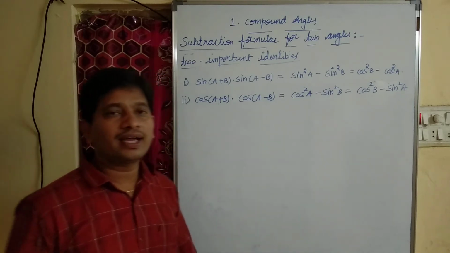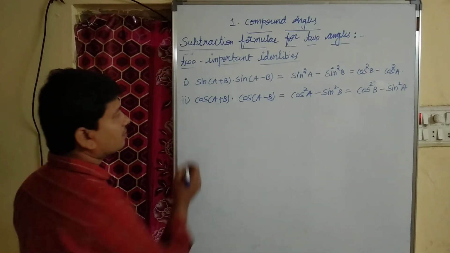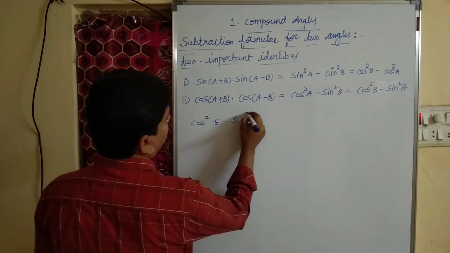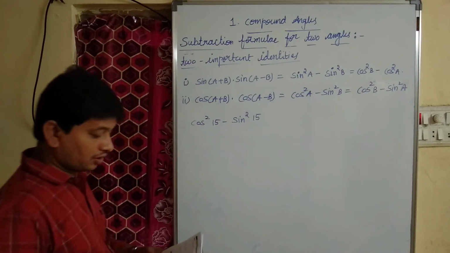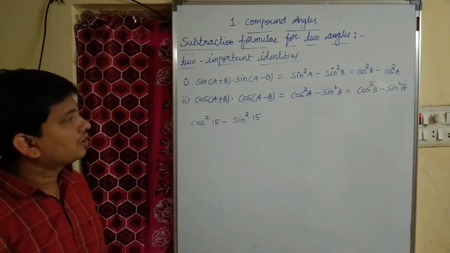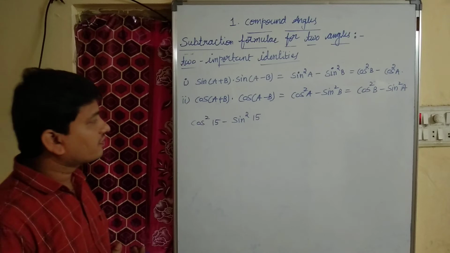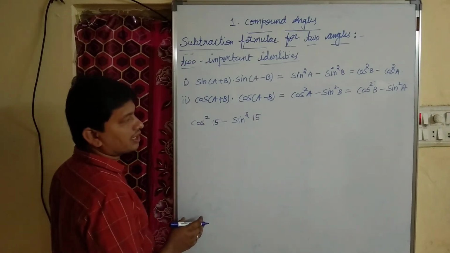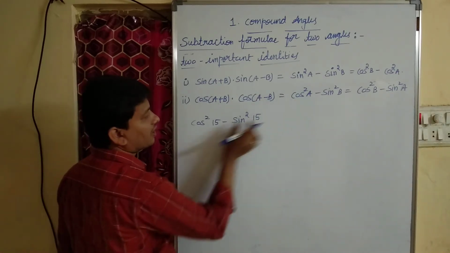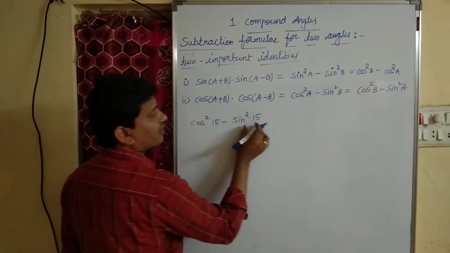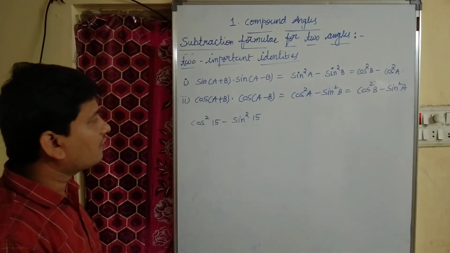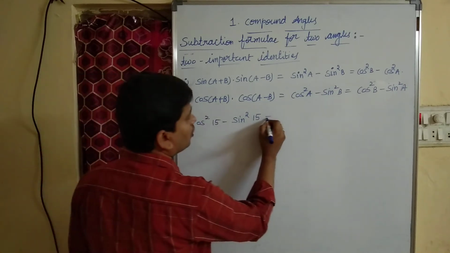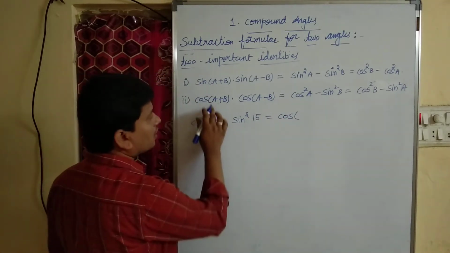Now let us find the value of cos square 15 minus sin square 15. See, cos square a, cos square 15 minus sin square 15. If you observe this, it is in the form of cos square a minus sin square b. So what is the formula of cos square a minus sin square b? It is nothing but cos (a plus b) into cos (a minus b).